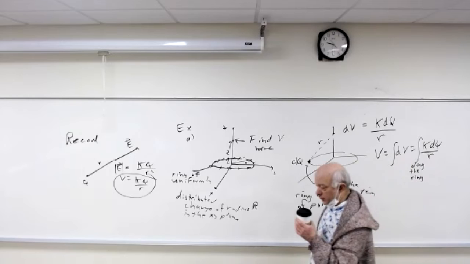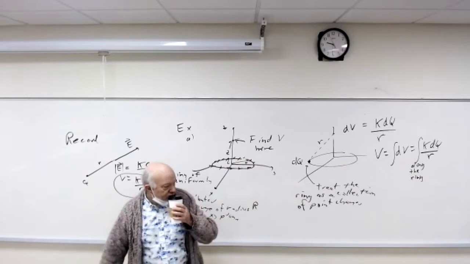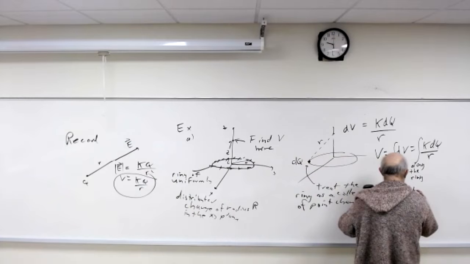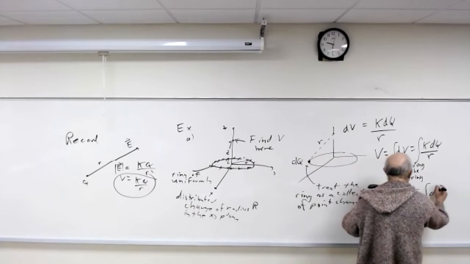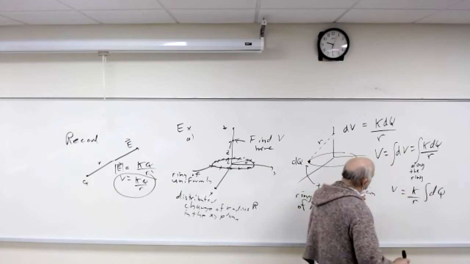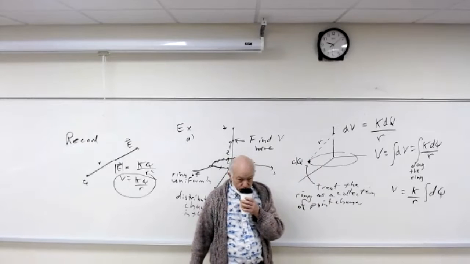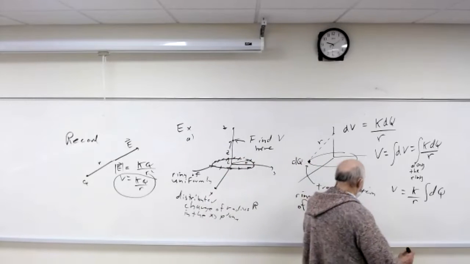What can I pull out of that integral? k, R. And if I sum up all the little dQs, what do you get? Q, the total charge on the ring.